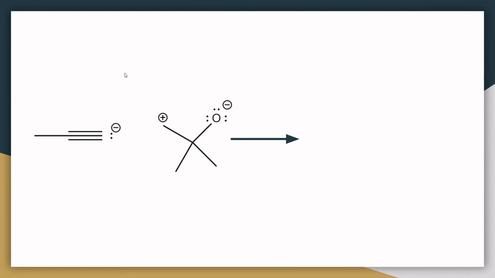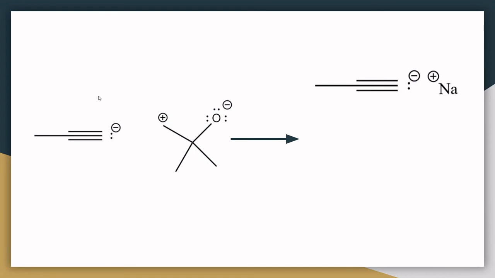Looking at the acetylide anion, we know from acetylide reactions, which are basically just SN2 reactions, that we can put a sodium cation onto the acetylide anion, and that makes the synthetic equivalent for this molecule.